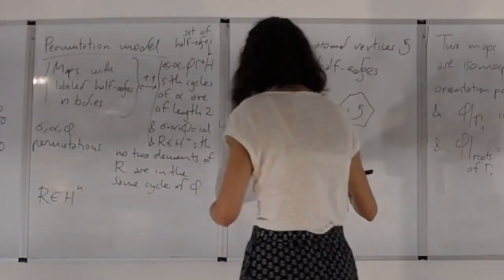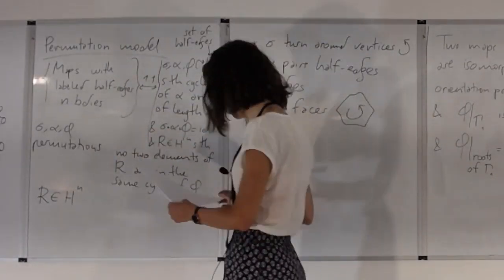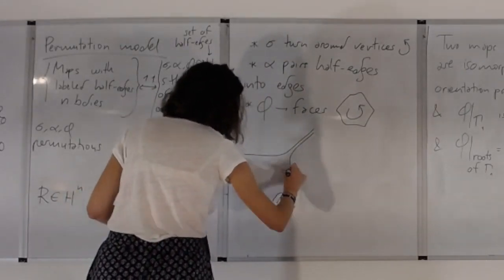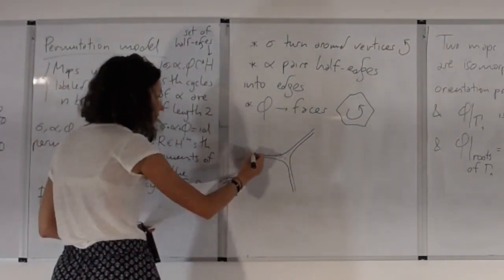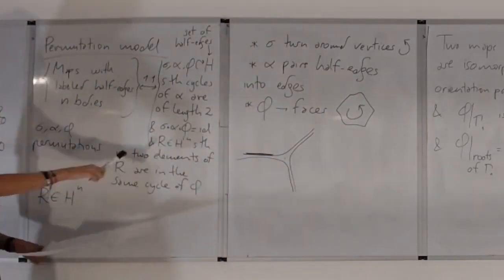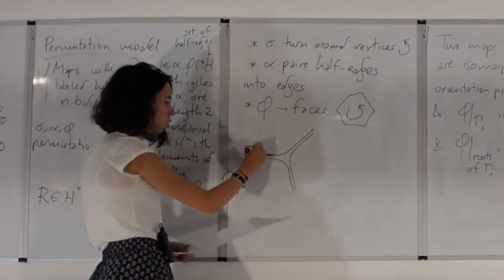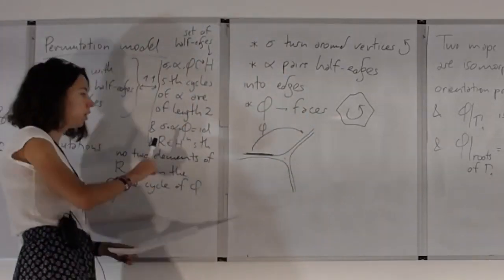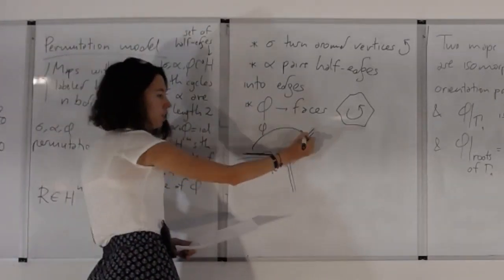Okay, so a little drawing to show why we have this type of identity. Now I'm using the ribbon graph representation. You can check that with the other one, you will get the same. So we start with this half edge. And then we have to apply phi that goes around the face, counterclockwise. So phi will send this half edge to this half edge. Then you apply alpha that pairs half edges to form edges.